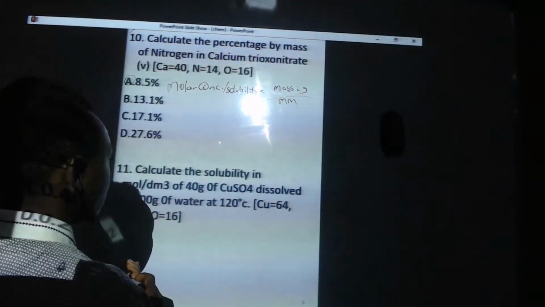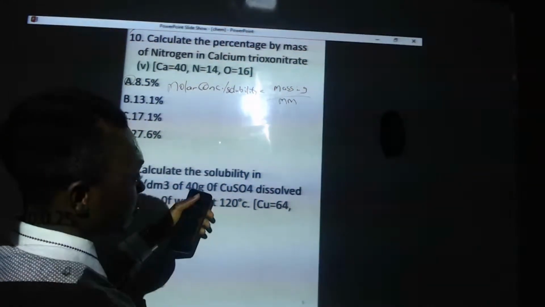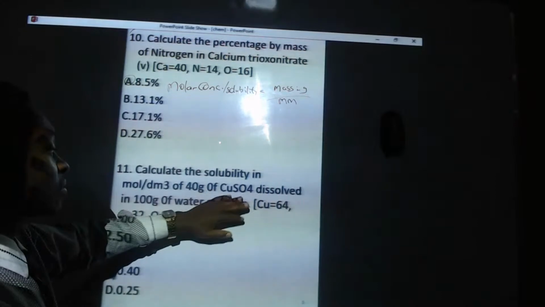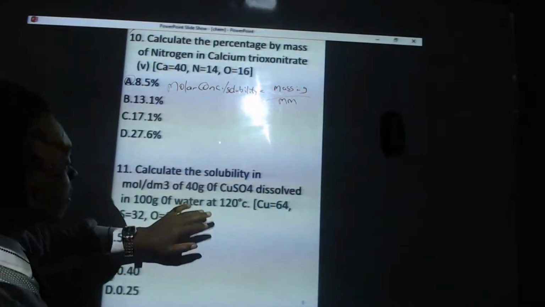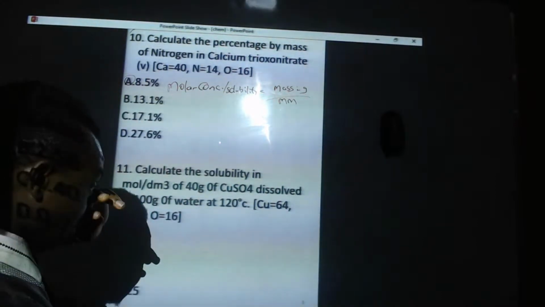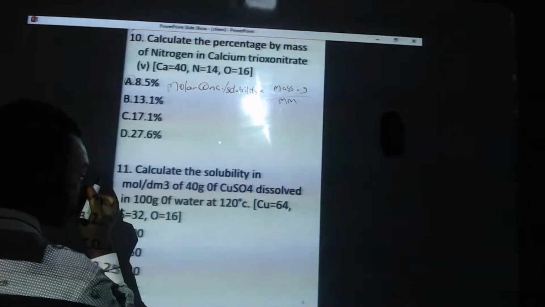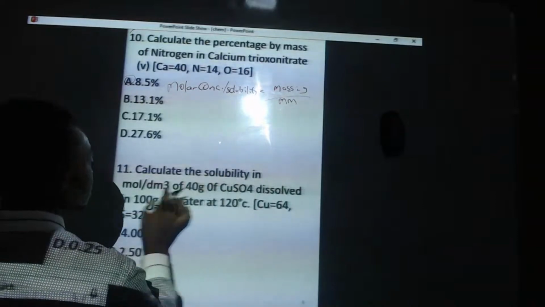But the one we've been given here already is very, very easy for us to solve. Bring your mass in grams of this dissolved in 100 grams of water at 120 degrees C. Now, in this 120, everybody will be rushing to it. We're given 100 grams here. We're given 40 grams of this dissolved in this.